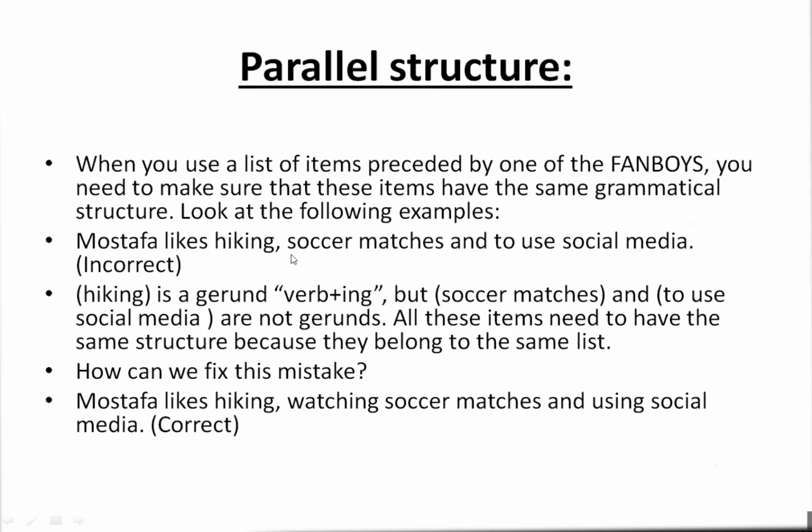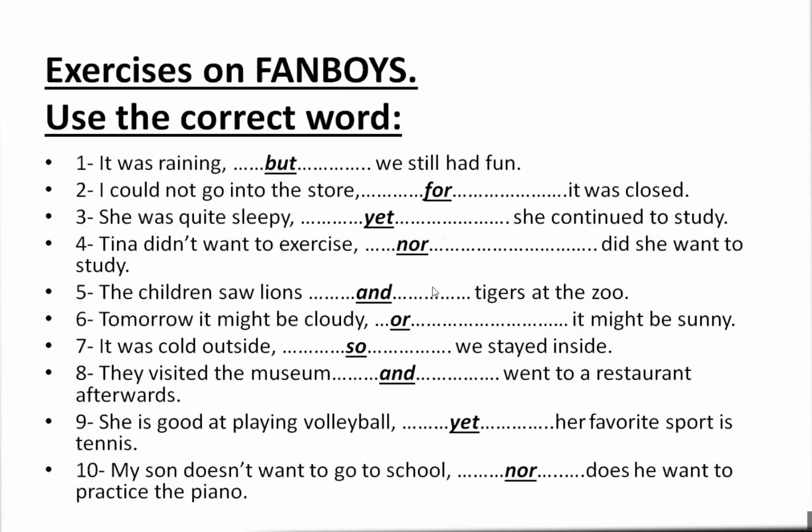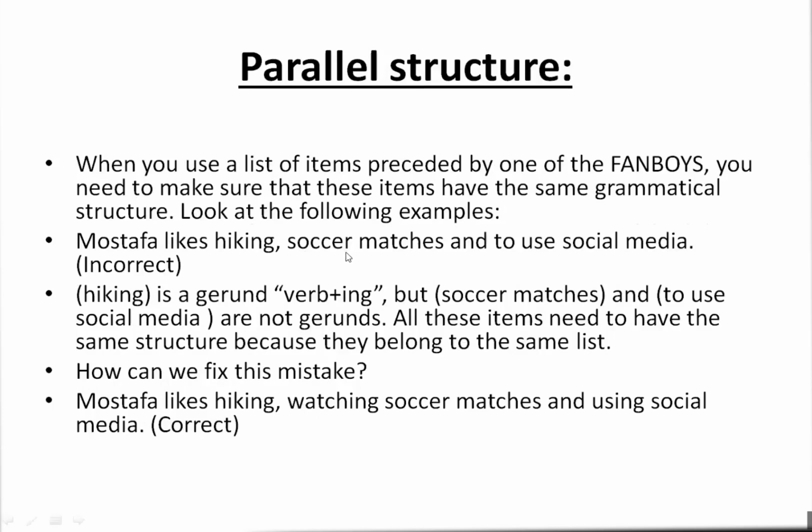So you have a list of items: 1, 2, 3. And then you have the word "and." But there is a problem. Hiking is a gerund, a verb plus ing. Soccer matches, noun. To use, an infinitive form. That cannot work. You can't have different grammatical structures in a list of words which are joined by the word "and."